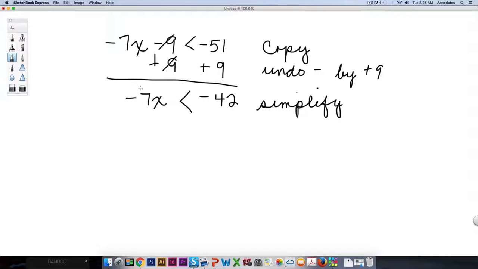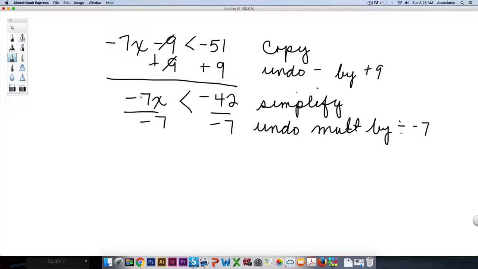Now I need to get rid of the negative 7, so I'm going to undo multiplication by dividing by negative 7. So I'm going to divide this side by negative 7, this side by negative 7. So negative divided by negative gives me positive. Negative 42 divided by negative 7 is positive 6, and the inequality flips.